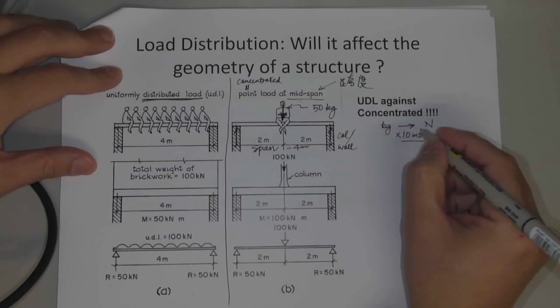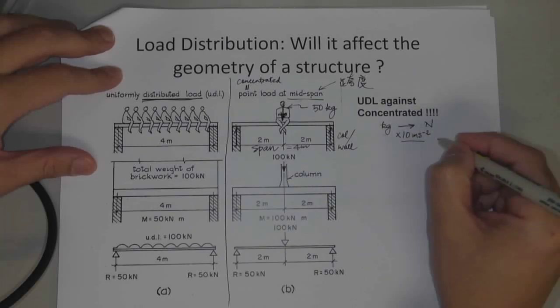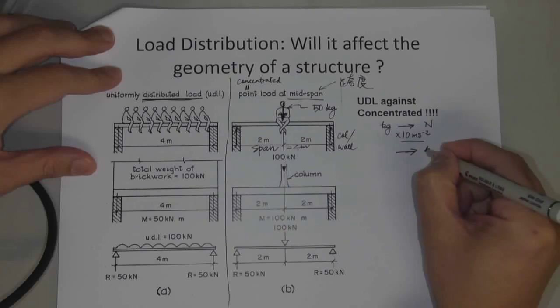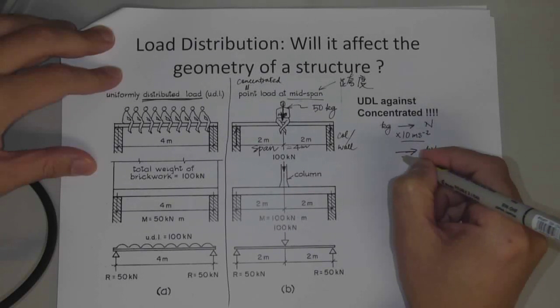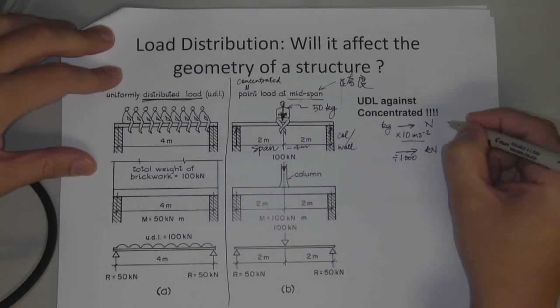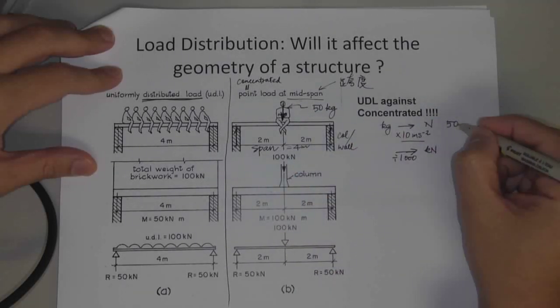And in construction, instead of using Newton, we usually use kilonewton. So we change it to kilonewton. That means you divide it by 1,000. So that will give you kilonewton. So 50 kilograms, if you change it to kilonewton, you multiply by 10 and then divide by 1,000.